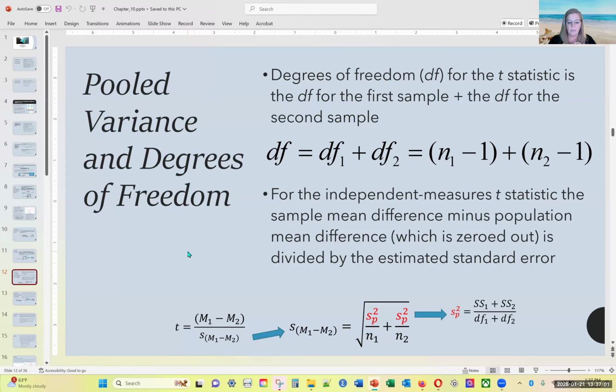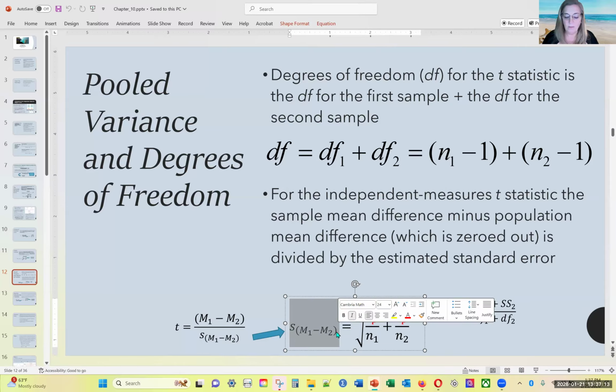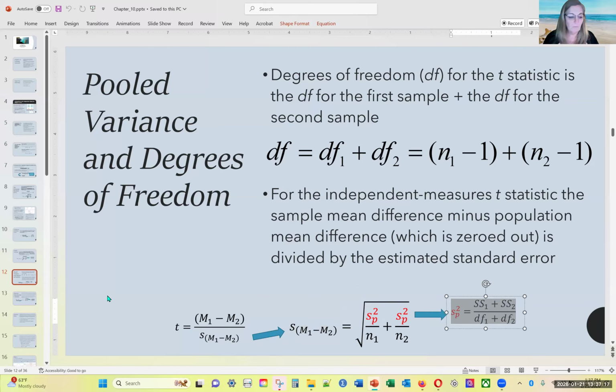All right, so you can see how that is calculated there. First, you need to calculate the pooled variance. And we just sort of went over that. All right, so we need to calculate for this, and the first step would be to calculate for this.